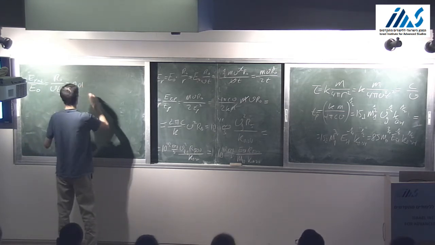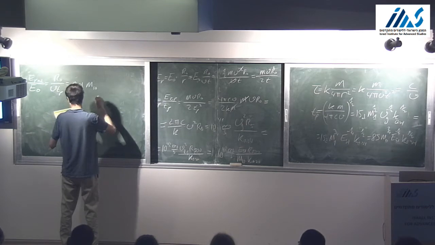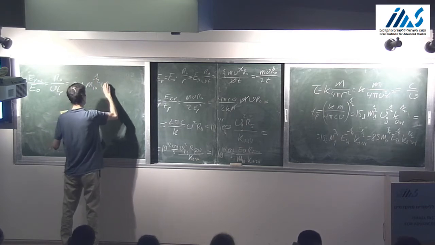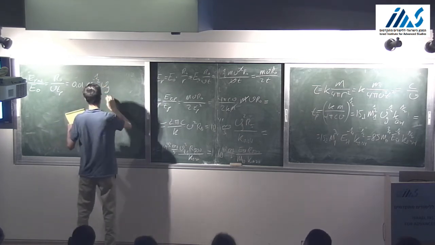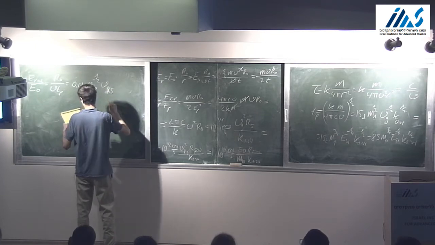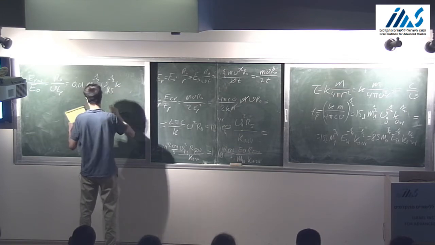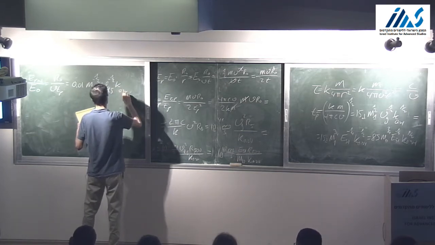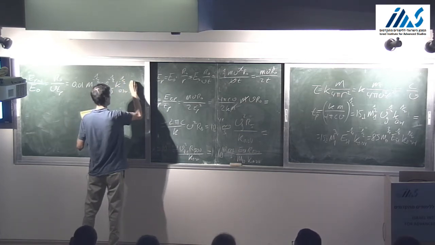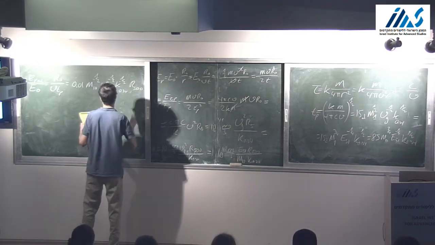And this is equal to 0.01, M10 to the minus half, V9 or V8.5 to the minus half, kappa 0.34 to the minus half, R500.